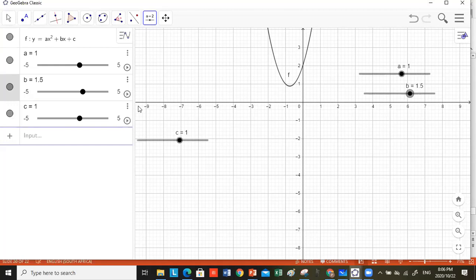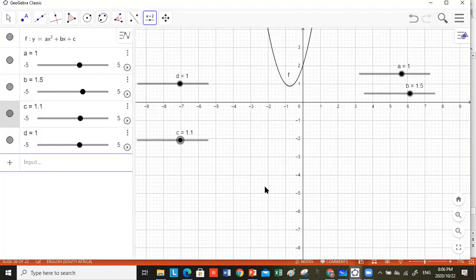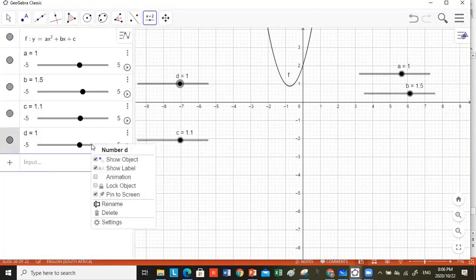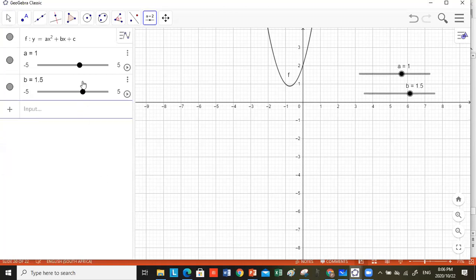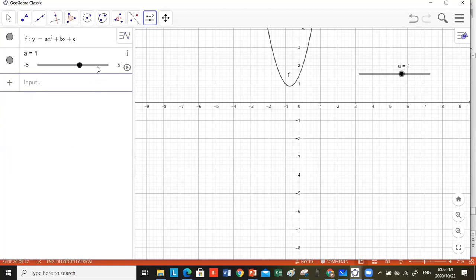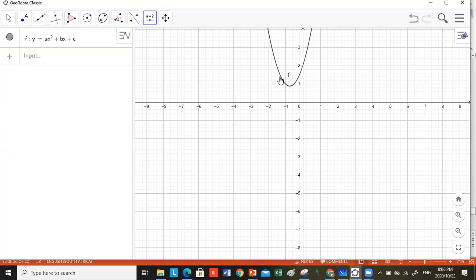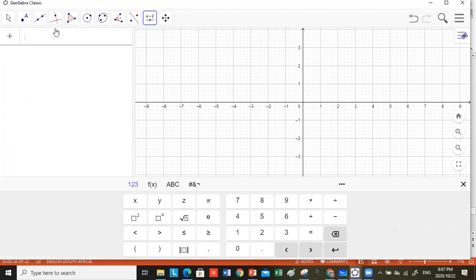Let me say enter. Yes, delete this function. This one should go, this existing one. Delete this one. Right, delete. Let me write the equation now.